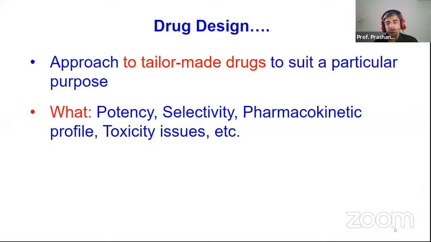Pharmacokinetic profile, again: if the drug undergoes very high first pass metabolism, then you give 500 milligram of that drug, and hardly anything will be available, right? So you also have to have better pharmacokinetic profiles, drugs which will not undergo very high first pass metabolism, which will be available where they are supposed to act, right? And then of course toxicity issues.